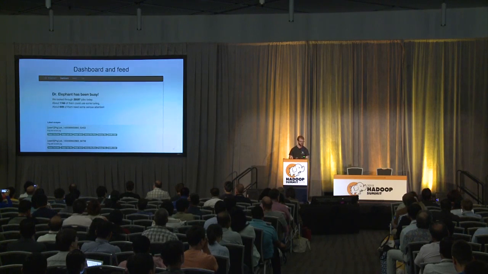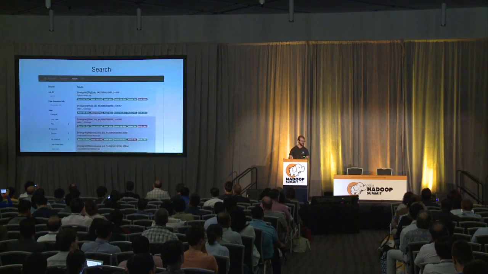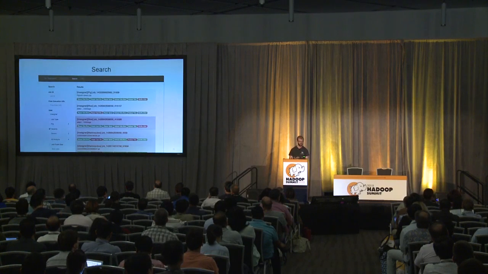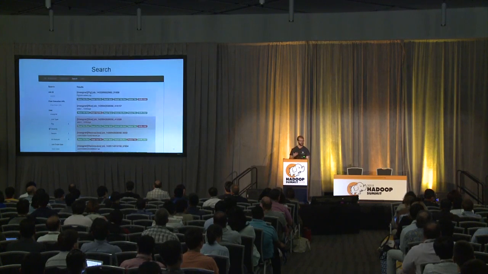What's really interesting, though, is the search. The search allows users to dial into the jobs that they have run on a cluster in however long you've deployed Dr. Elephant. We don't have a retention limit on our instance. For each of those jobs, Dr. Elephant will give you a report on different features that it knows about.